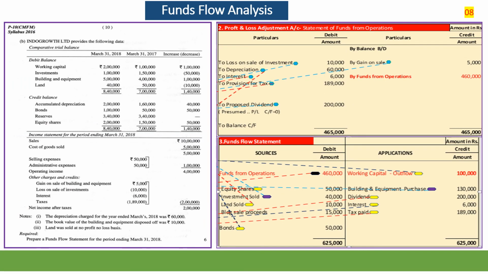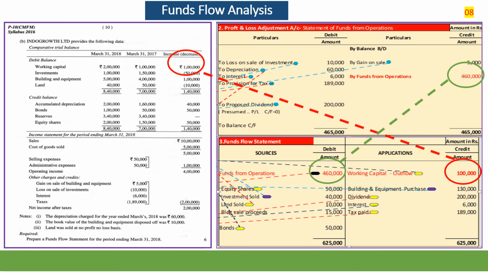And that takes us to the summary. We have got the problem, then we have got the profit and loss adjustment account, and funds flow, and funds flow generated at the end. As we can see, funds flow takes 1 lakh working capital outflow, and it has taken 4,60,000 from the profit and loss account, and it has got total sources of 6,25,000, applications 6,25,000.